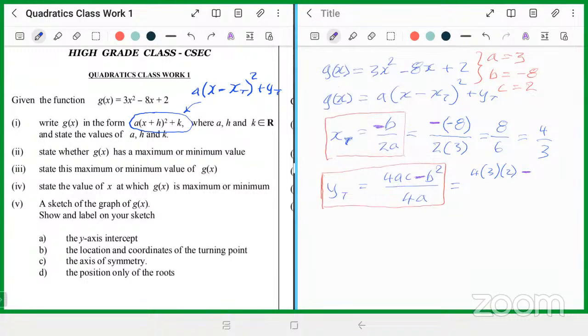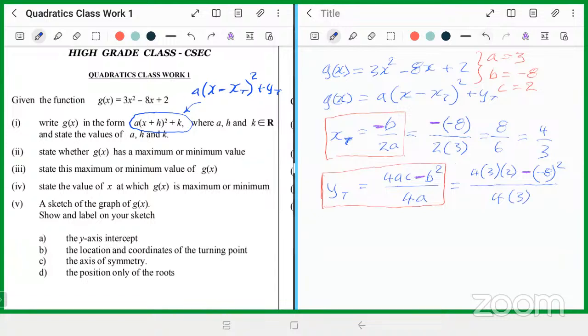And that minus is not squaring. It's going to come back as a minus. And then now the b, we're squaring the b. But the b is negative 8, so we're squaring the negative 8. But this minus is not squaring, so it stays as a minus, divided by 4 times a, and the a again is this 3 up here. So 4 times 3 we have under here.